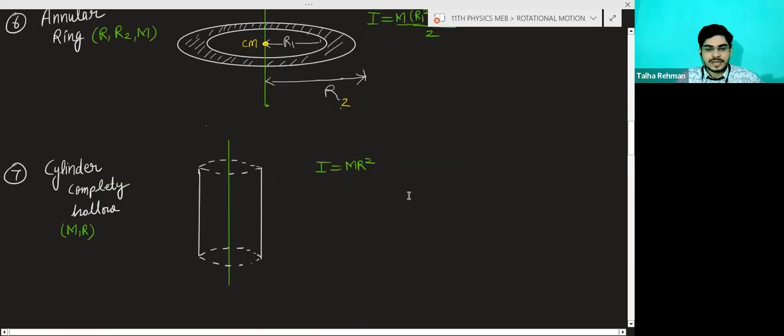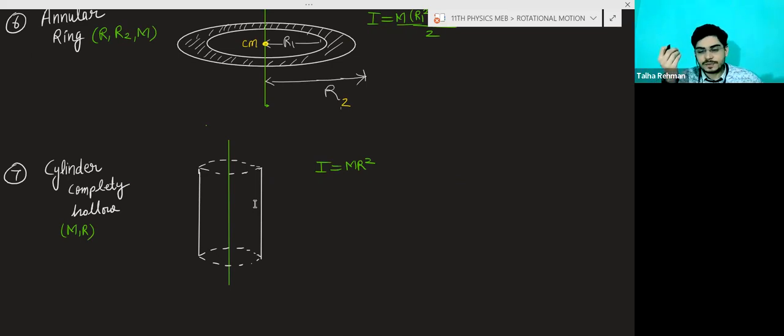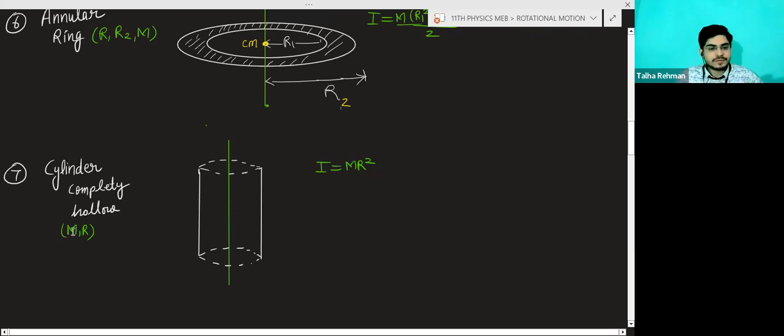Now the cylinder. This is a completely hollow cylinder. As an example, you have seen the can of Coca-Cola. If you remove the upper part and the lower part, it becomes a completely hollow cylinder. So the completely hollow cylinder has mass m and radius r.